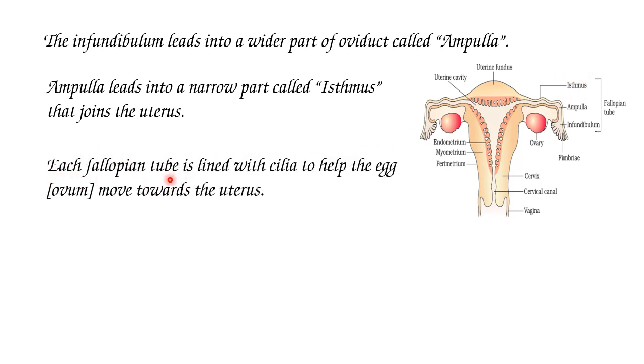Each fallopian tube is lined with cilia to help the egg or ovum move towards the uterus. So the inner walls of the fallopian tube are lined with cilia. The movement of the cilia helps pull the ovum towards the uterus.